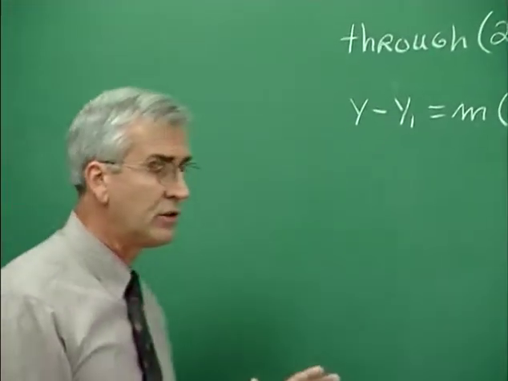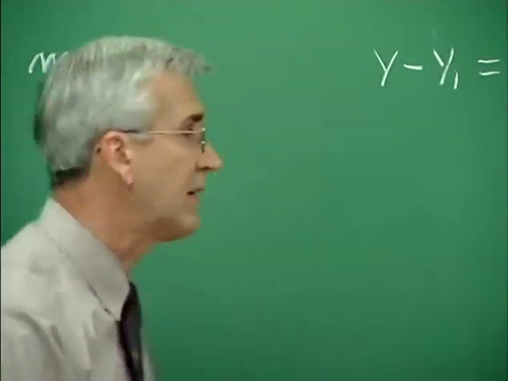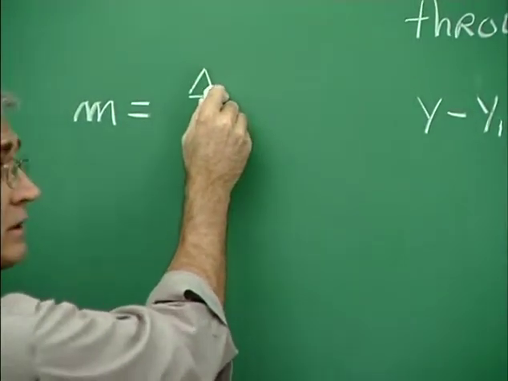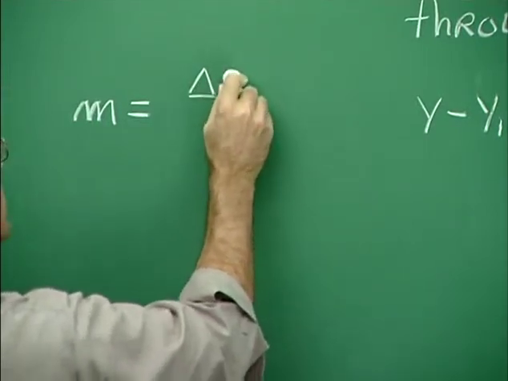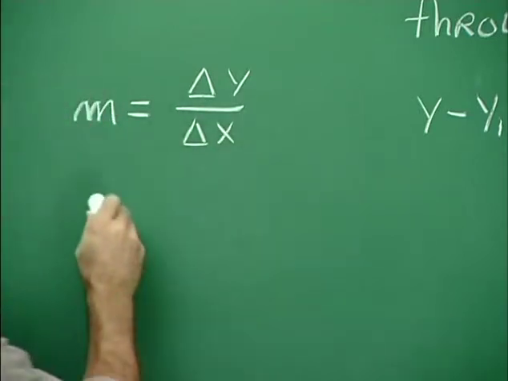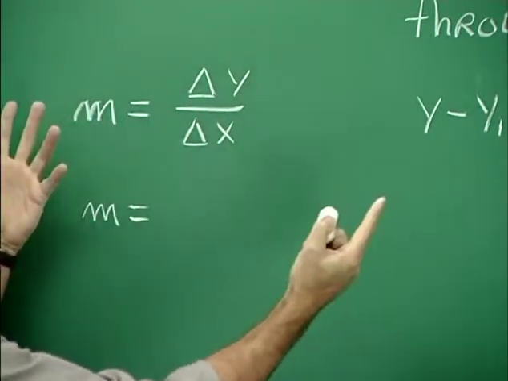And by the way, there's a notation that's used often in calculus. I'm going to use it right here because you're going to get to it in time anyway. But it's the notion of using a little symbol called delta. Delta meaning change, roughly. So change in y over change in x is what this says. Okay, so the slope then is the change in y, difference in y components.